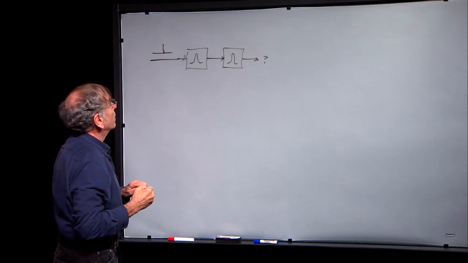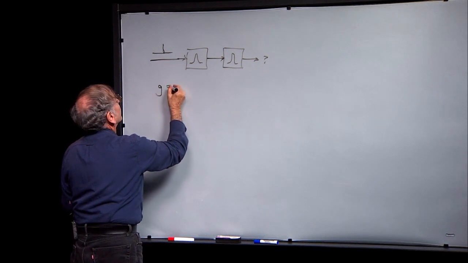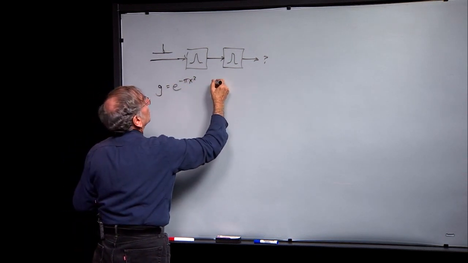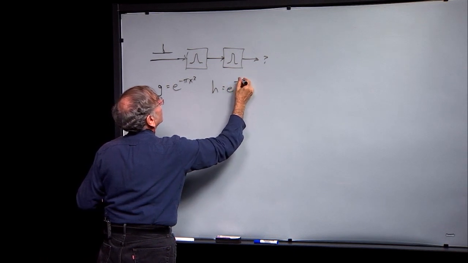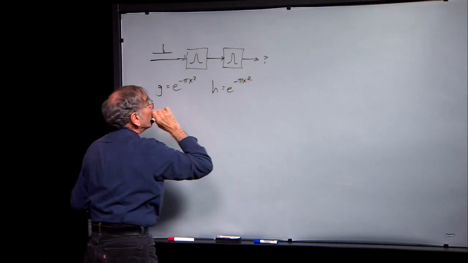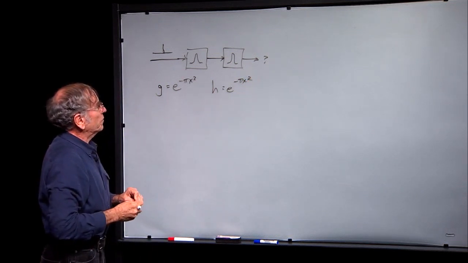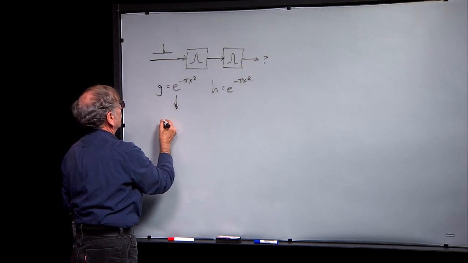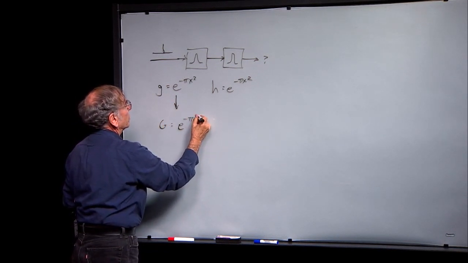So we know how to do this. If we say that g is one of these Gaussian functions, and h is another one of these Gaussian functions, we can solve for this using Fourier transforms pretty straightforwardly. So we know then that this transforms to G, which is e to the minus pi u squared.